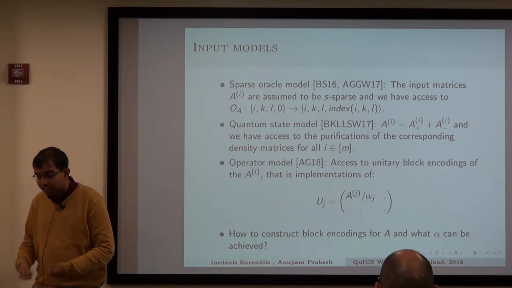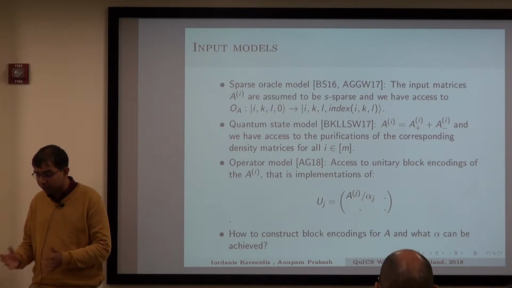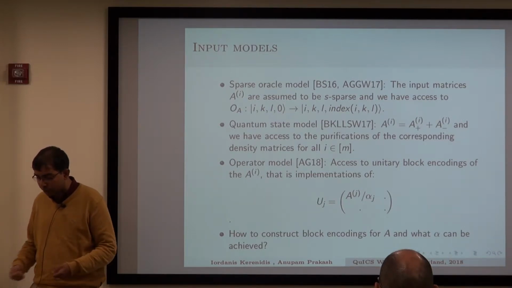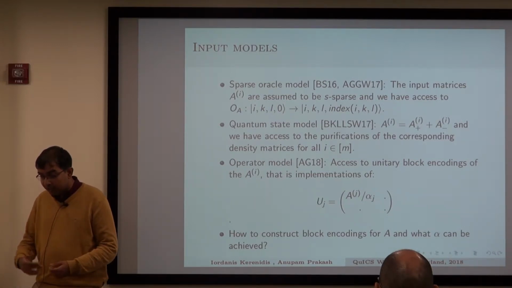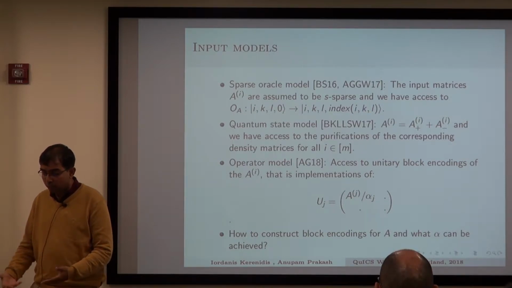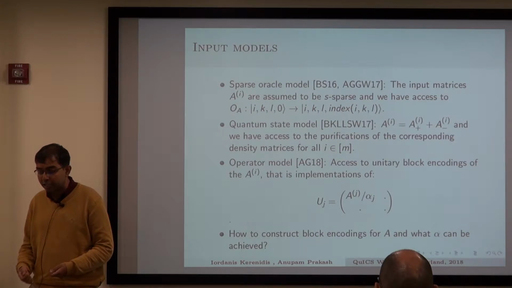And then there's a quantum state model where we have access to the purifications of corresponding density matrices. Like we write A_i as a sum of PSD matrices, and then we assume we have access to the purifications. And the third input model is the operator model, where we assume that we have access to what's called a unitary block encoding of the A_i's. So what's block encoding?